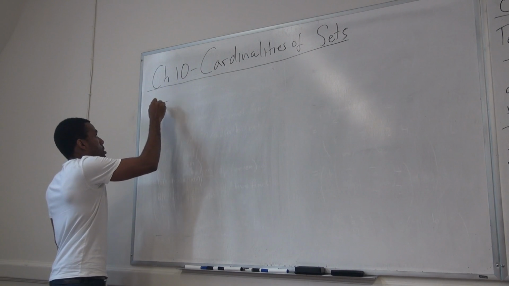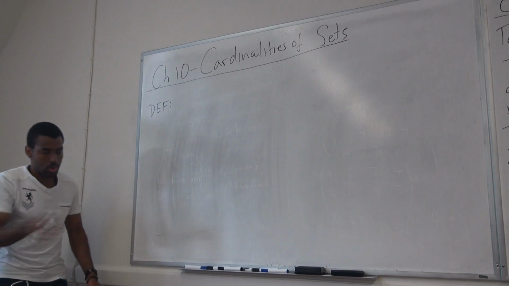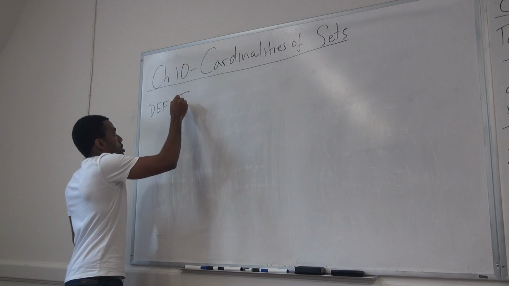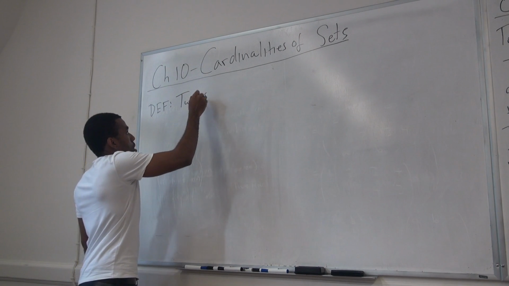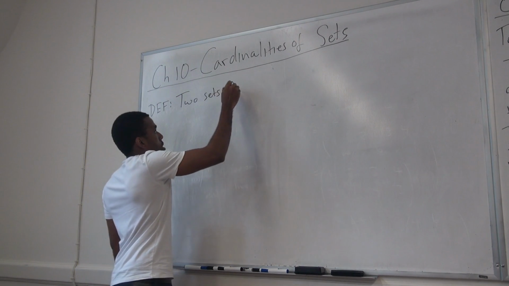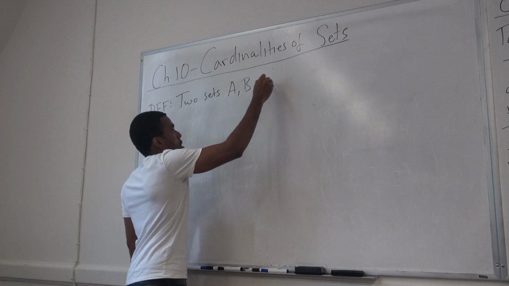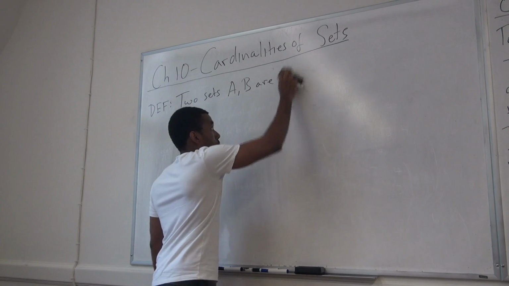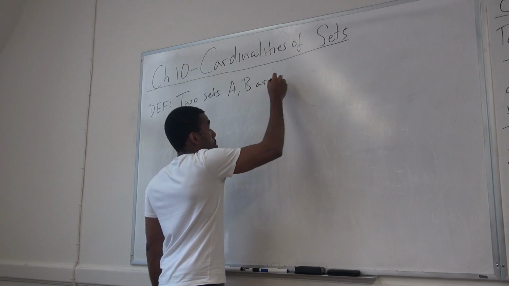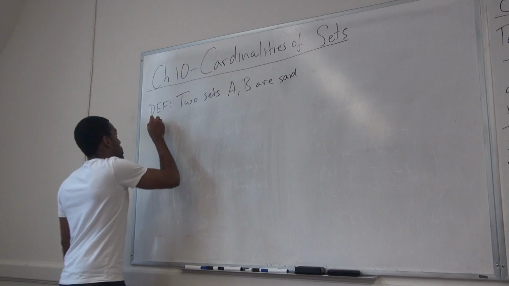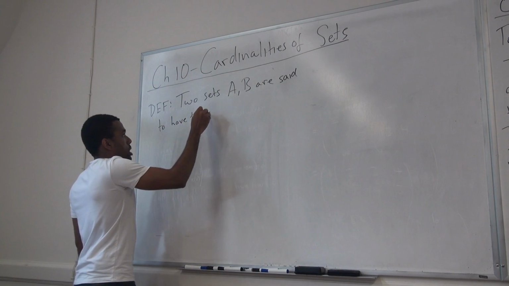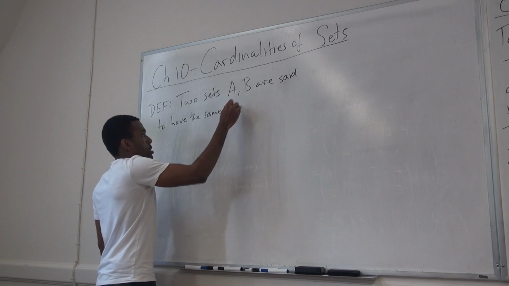So, talk about a definition. That's going back to that example I just gave. Two sets, A and B, are said to have the same cardinality.